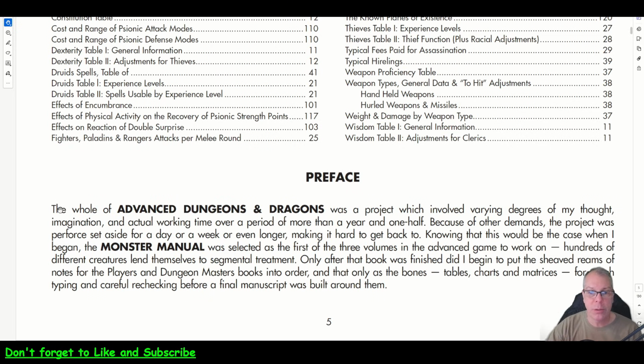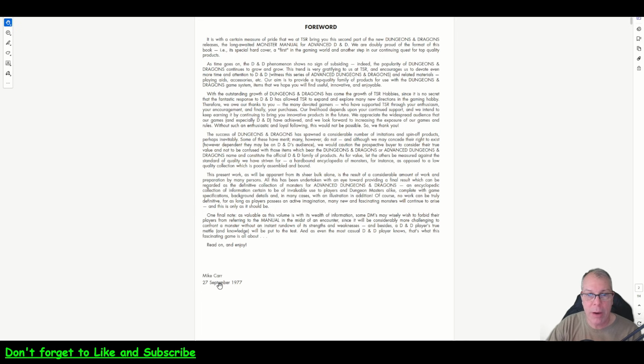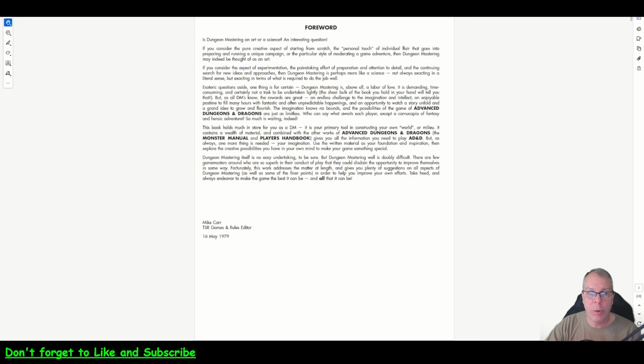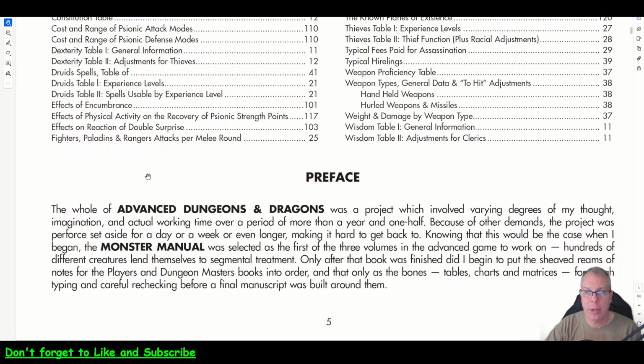Remember, the Monster Manual came out in September of 1977, about 9 months before the Player's Handbook. And then the Dungeon Master's Guide comes out almost a year, 11 months, after the Player's Handbook.